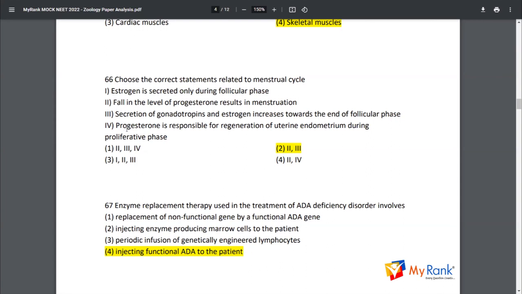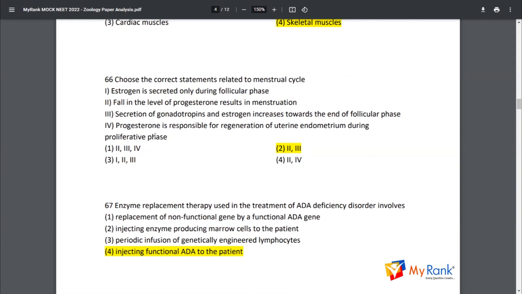Now, what is statement 4? Progesterone is responsible for regeneration of uterine endometrium during proliferative phase. During the proliferative stage, our body is still preparing itself, and here progesterone is not responsible.